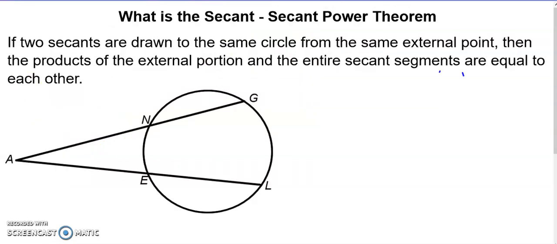Well, what if we do it with secants? The rule with secants, I'm going to type this out so it looks a little nicer. I tried earlier with the video to draw it by hand and it didn't work.